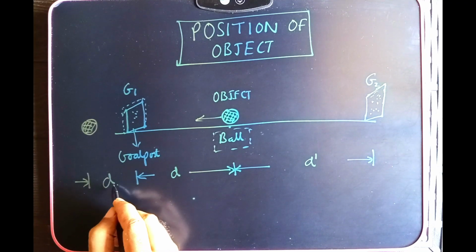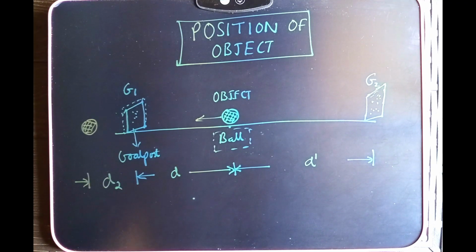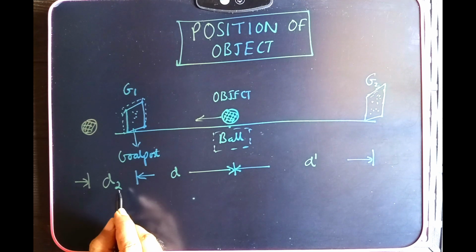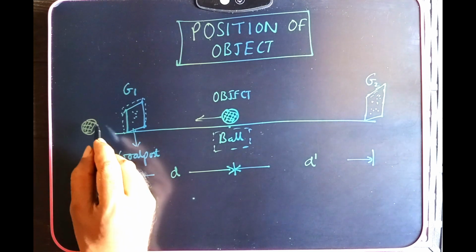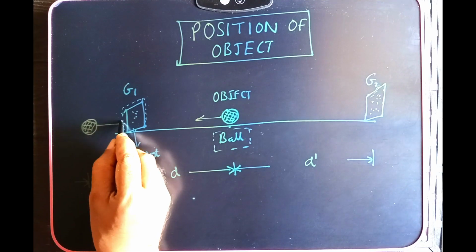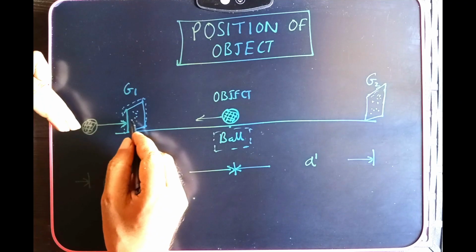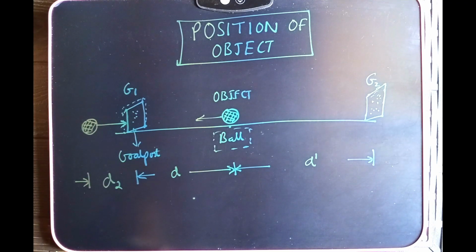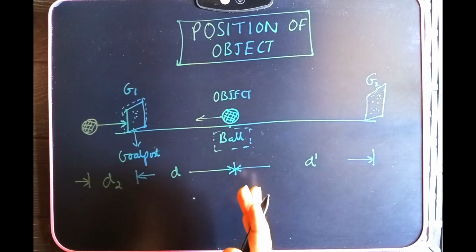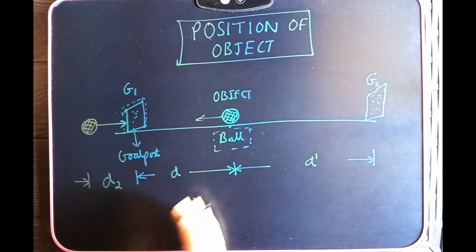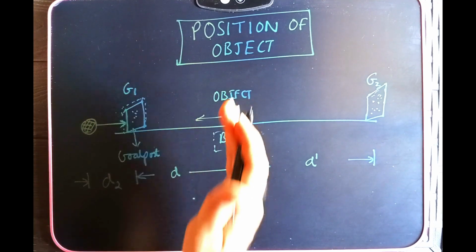Now it will be d2 distance. d2 distance from here, the reference point is here, right? d2 distance to the left. So this is how you identify the position of the object. You need a reference point to know the position of the object.